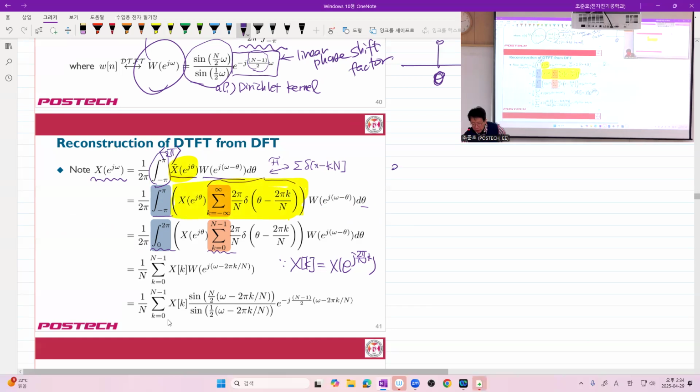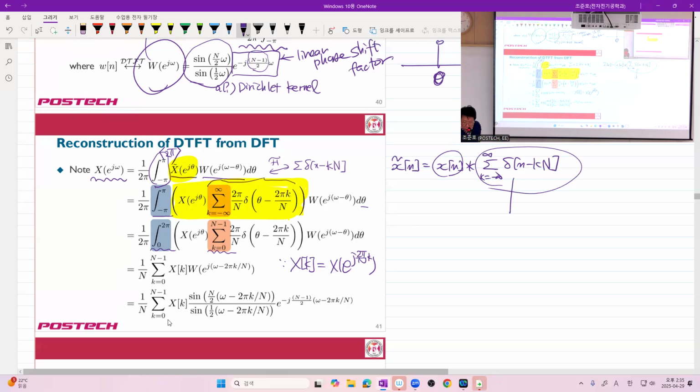Your periodically extended signal is nothing but the convolution of these two signals, x and the summation of delta of n minus kN.